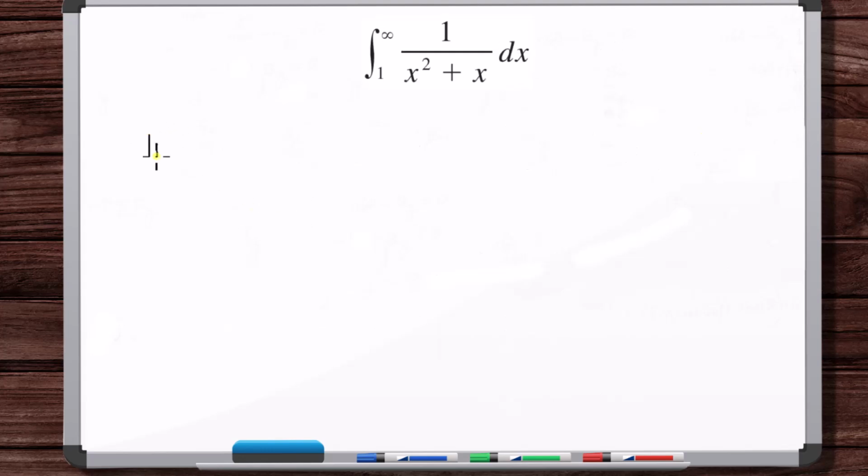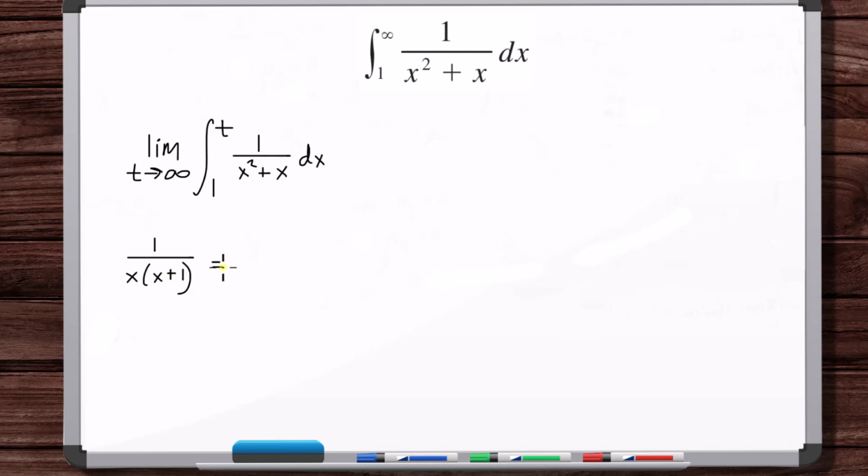Okay, so let's see, we've got, using partial fraction decomposition.